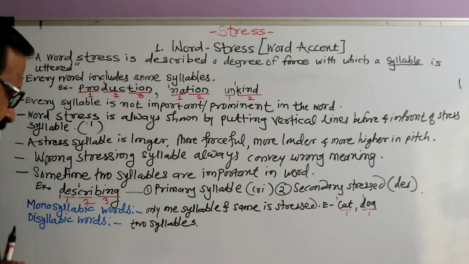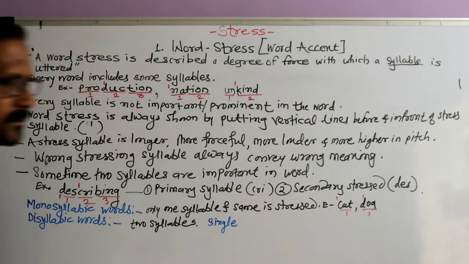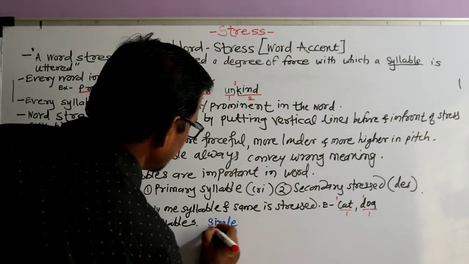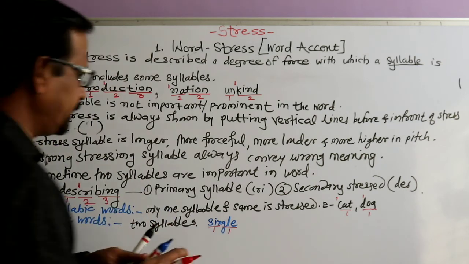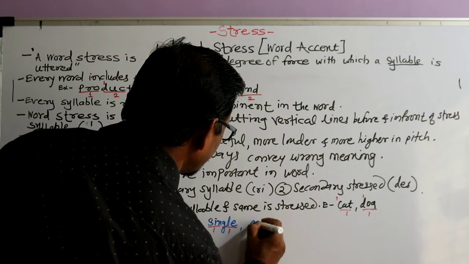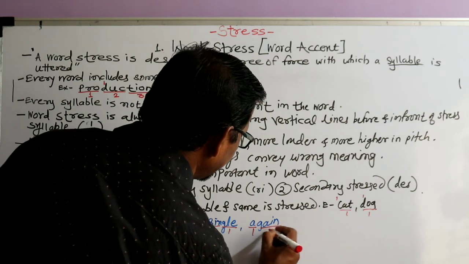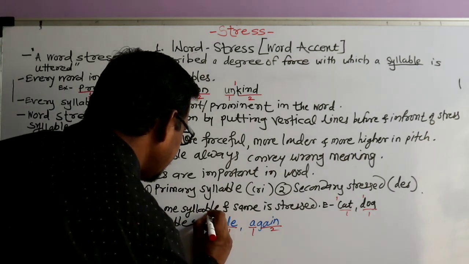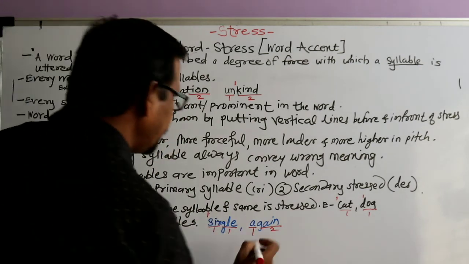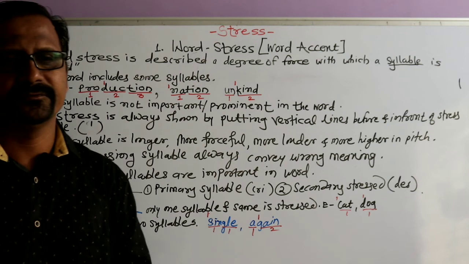For example, the word single has 2 syllables: sing and gle, first and second. We have one more word, again. It also has 2 syllables, a is first and gain is second. So in the word single, the first syllable is stressed, and in the word again, the second syllable is stressed. So these are the disyllabic words.